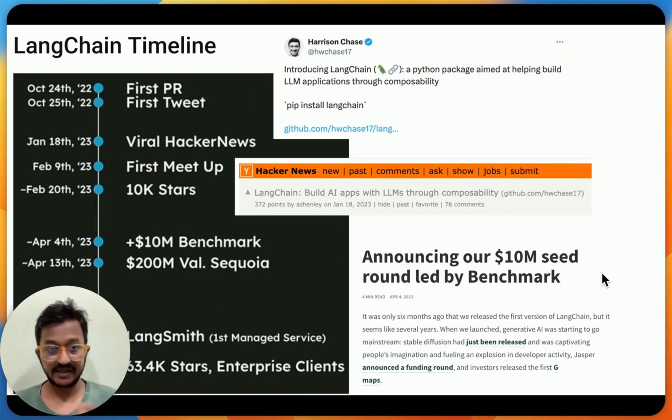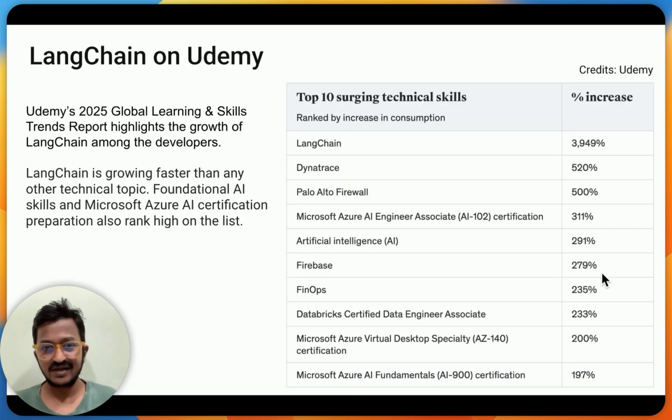And Feb 9th, they did their first meetup, and Feb 20th, they received 10K stars on GitHub, and April 4th, 10 million benchmark, 200 million valuation on April 13th, and July 28th, LangSmith, the first managed services came out, and October 2nd, 2023, 63.4K stars and got some enterprise class clients. So if anybody is into AI startups, it's a very good case study for them to learn how LangChain did it so well.